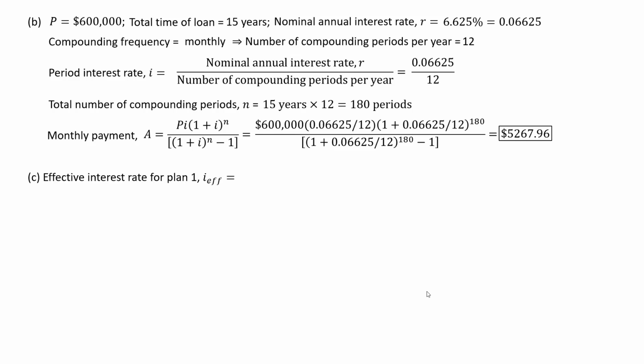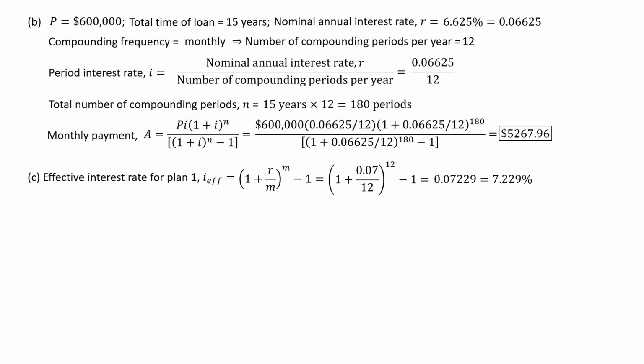Anyways, so effective interest rate for plan one, we need to find this one. And you remember 1 plus r over m, the quantity raised to m, minus 1. So let's use that formula. And for plan 1, where the r was 7% and m was 12, we have this, and that turns out to be 7.229%.